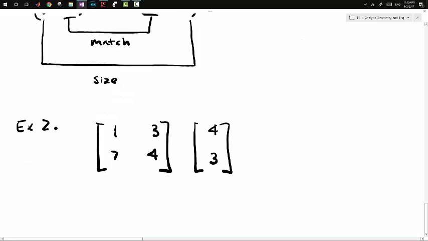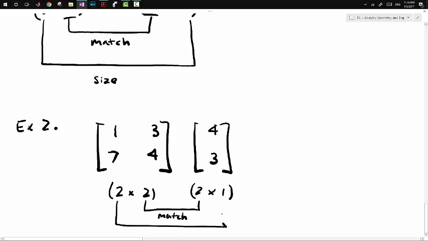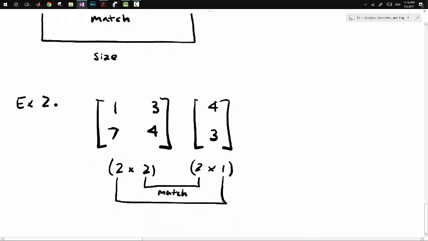So let's look at the sizes here. This is a 2 by 2, and this is a 2 by 1. So again, our inner dimensions match, and our outer dimensions will dictate a resultant size. So we're going to end up with a 2 by 1 matrix.